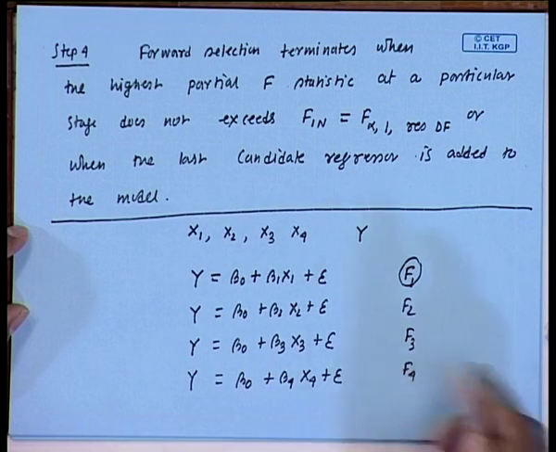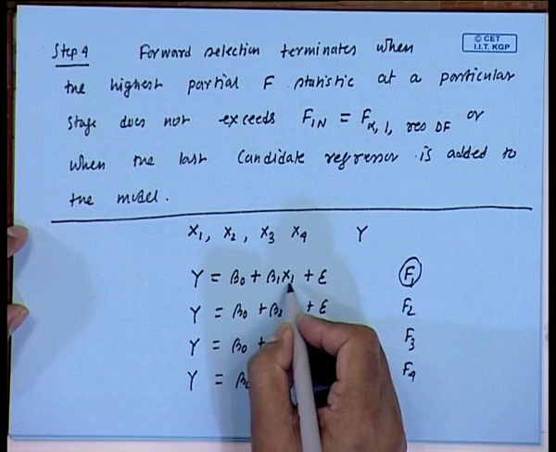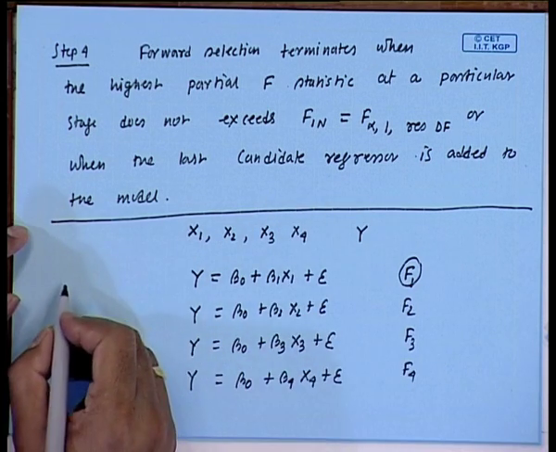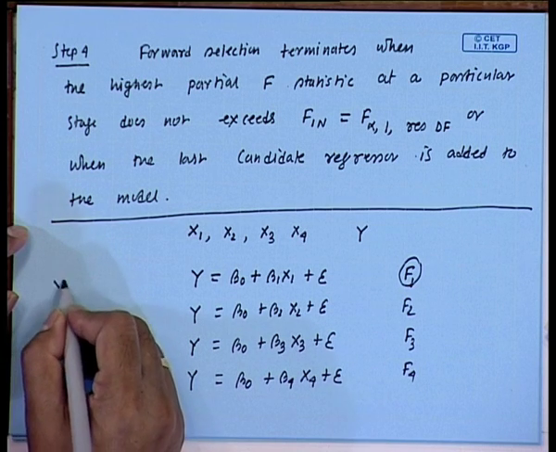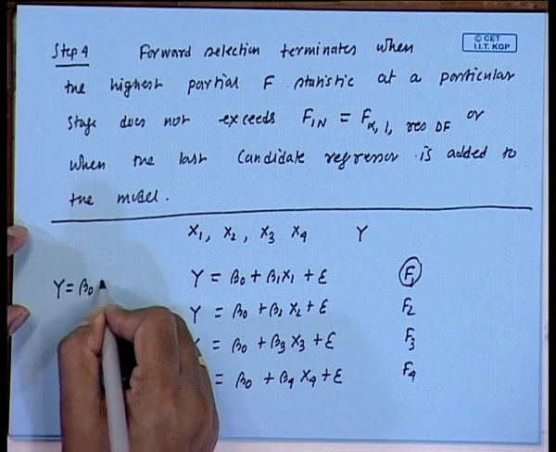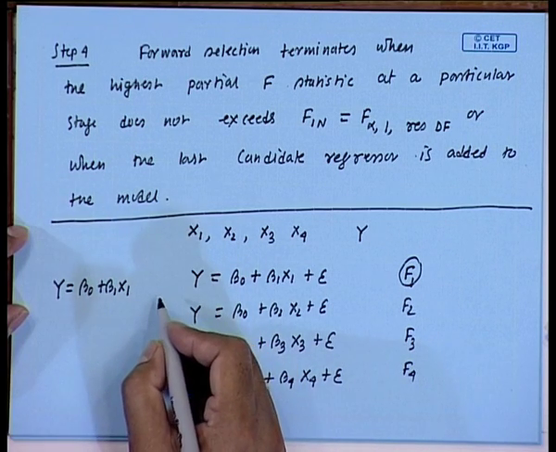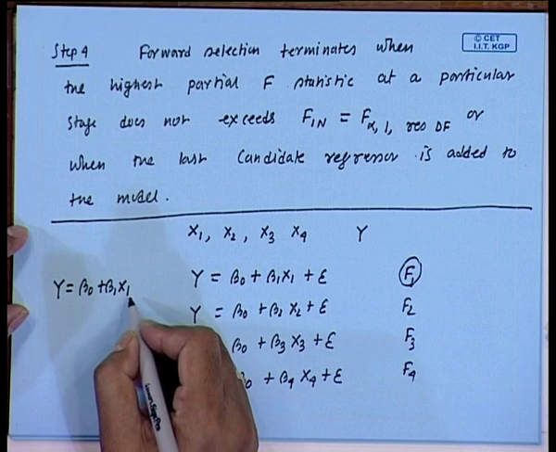Once you select, suppose x1 is selected, then the next step is that, keeping x1 in the model, say y equal to beta naught plus beta 1 x1 is there in the model, we seek the next best regressor.